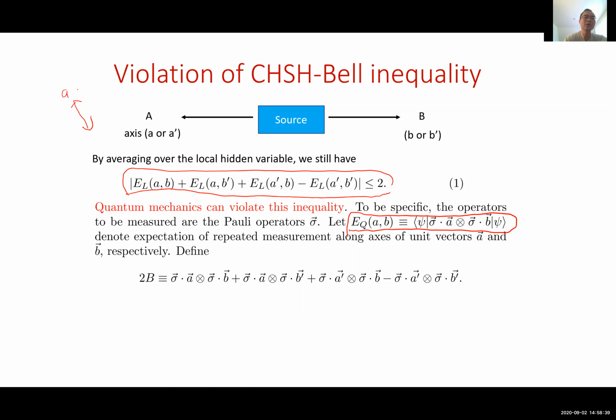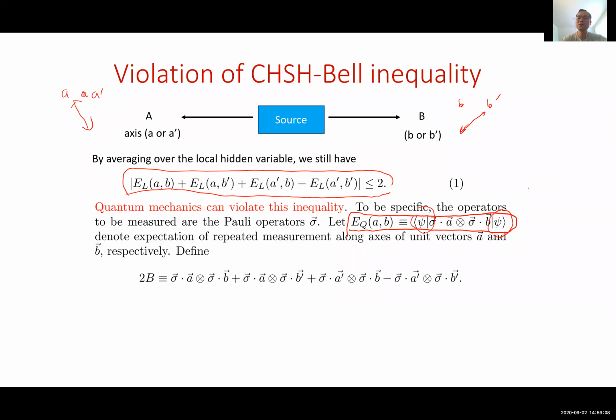Maybe you're using A or A prime, and using B or B prime, some measurement axes. So in terms of quantum mechanics, this is also some kind of correlation, but in order to determine what that value is, you need to evaluate with respect to a quantum state, right?